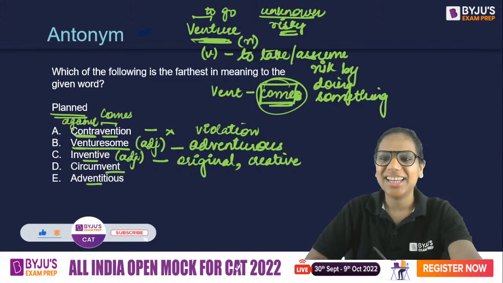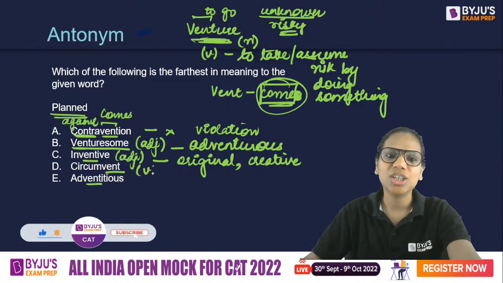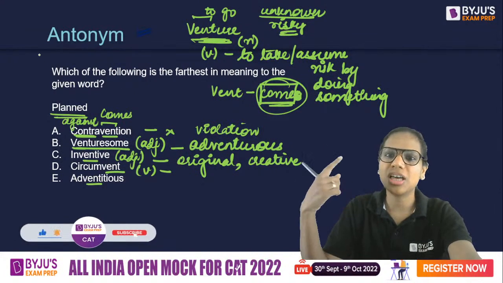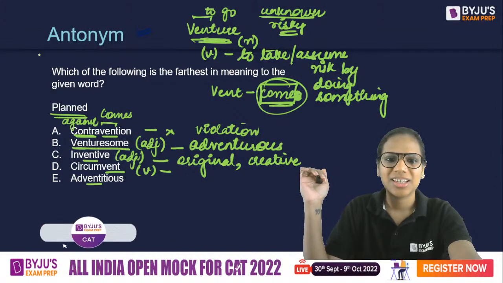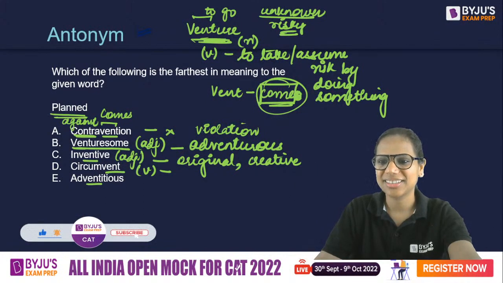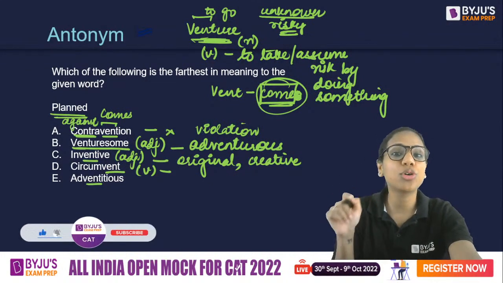Okay, coming to circumvent. If I say you circumvented this rule, you circumvented our company's rules, so what have you done? If you've circumvented some rules, you have gone around those rules. You have not followed those rules.